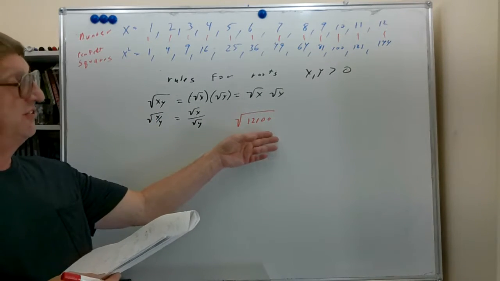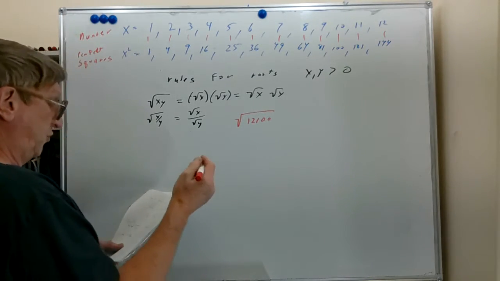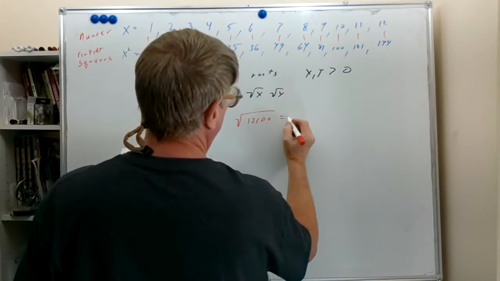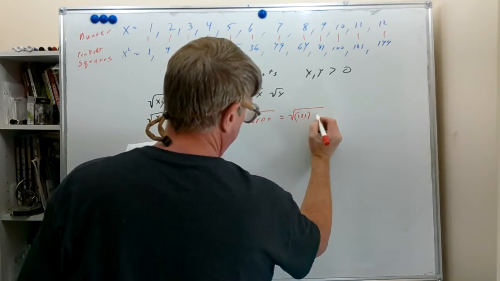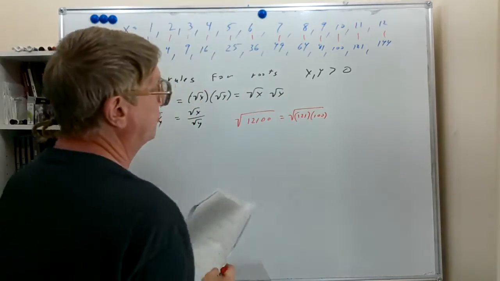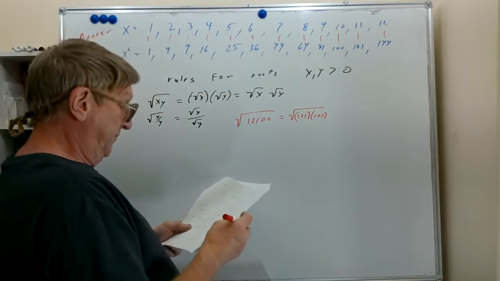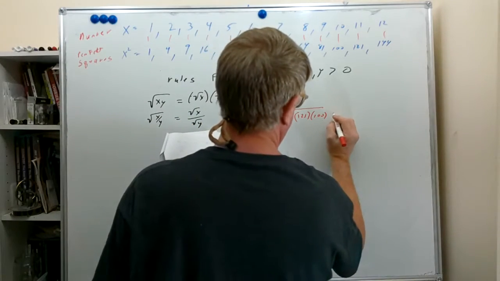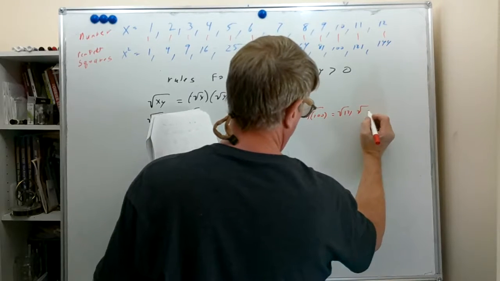But we can do this without a calculator quite easily by factoring inside into perfect square factors. That becomes the square root of 121 times 100. And you notice those are both perfect square factors, 121 and 100. So we can separate that to the square root of 121 times the square root of 100.